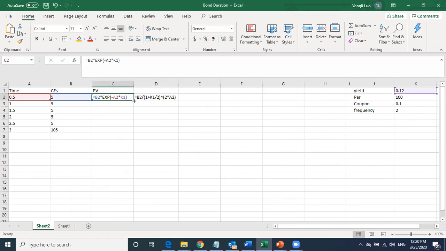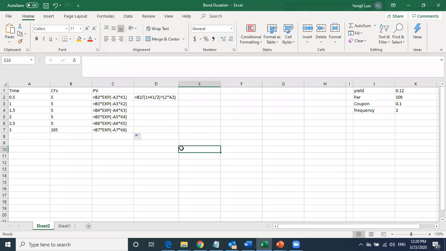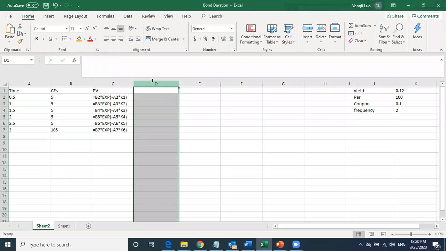Okay, now you apply that formula all the way down. So we delete this because we're using continuous compounding, not semi-annual compounding.